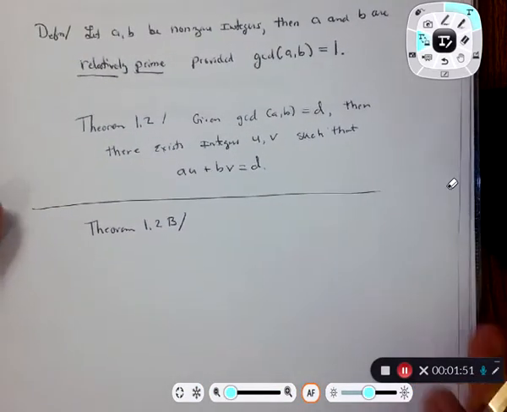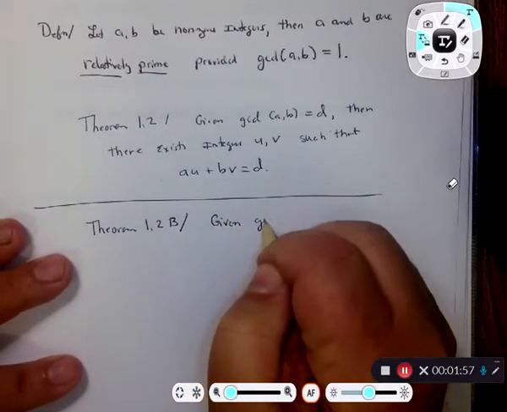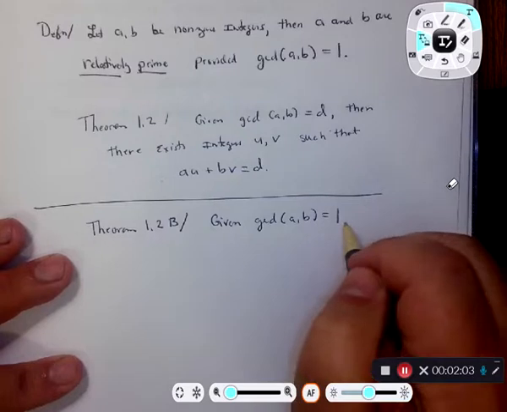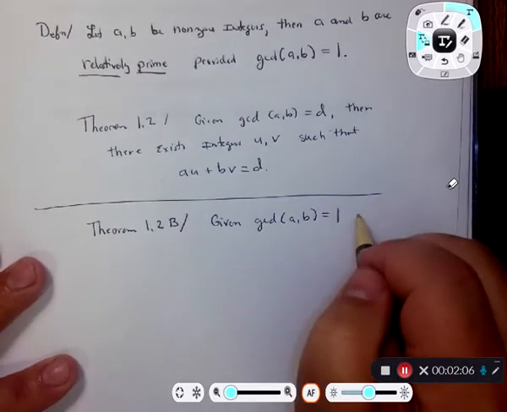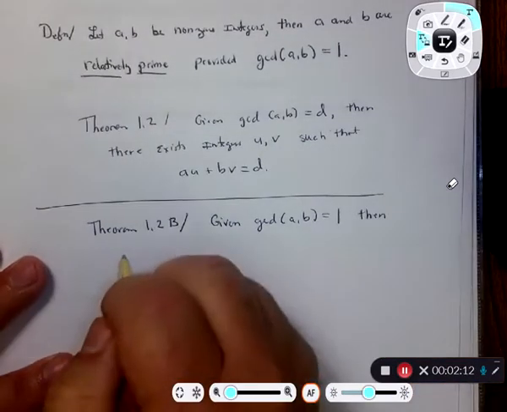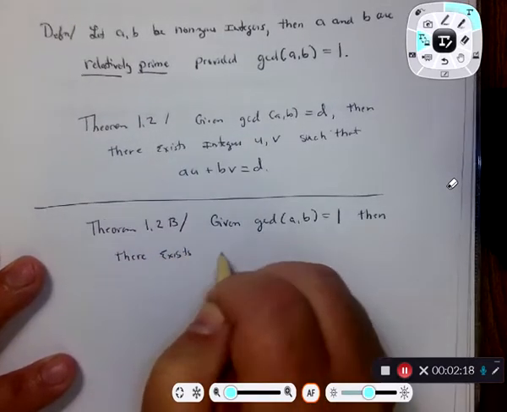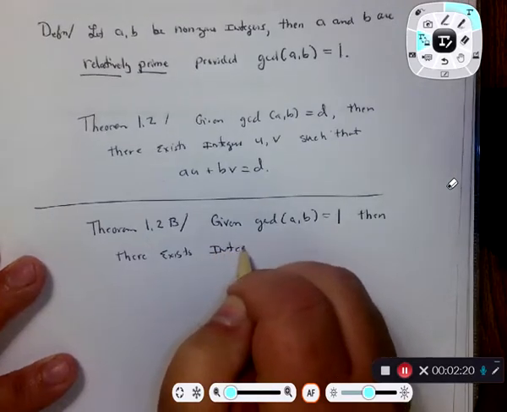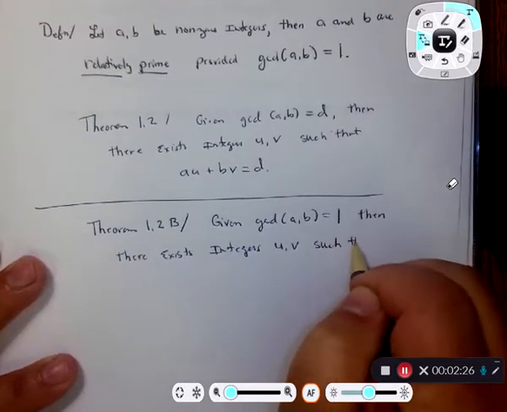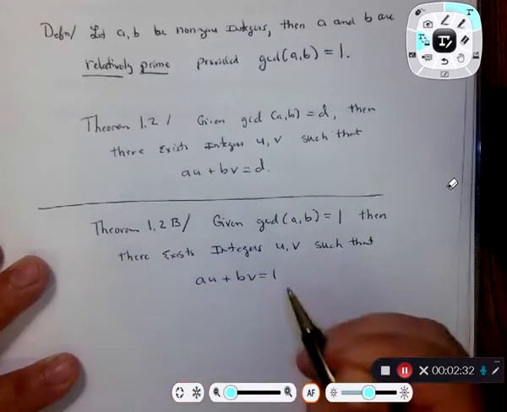So given that the GCD of A and B is equal to 1, then there exist integers U and V such that AU plus BV is equal to 1.